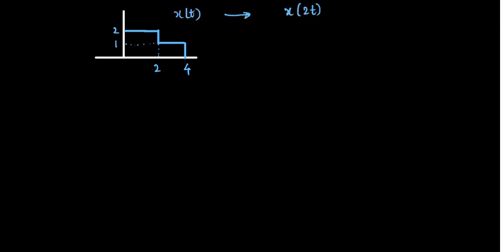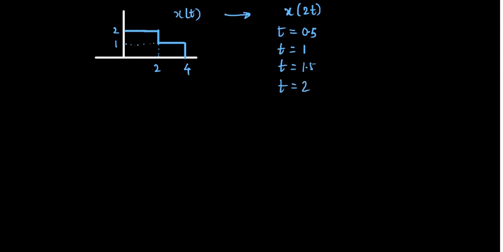In order to calculate that, I first need to find the 2t signal, that is, calculate the values of this new signal for different values of t. That means for each and every value of t, let's say for 0.5, t equal to 1, t equal to 1.5, t equal to 2, let's go on calculating these values.